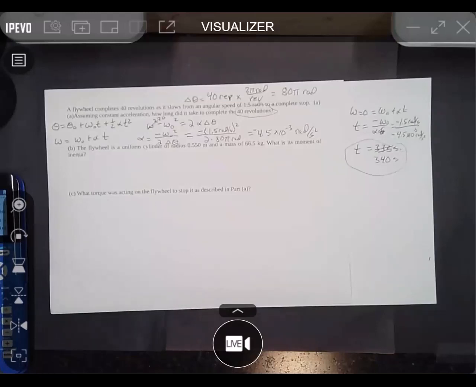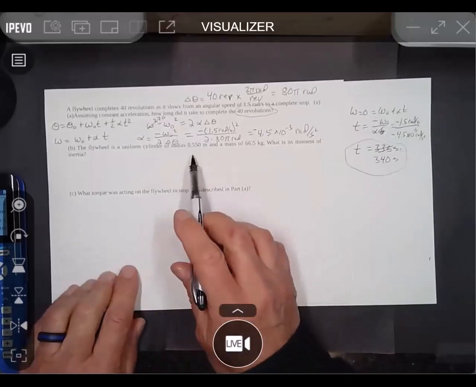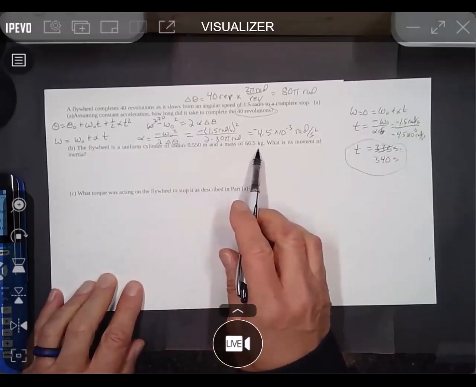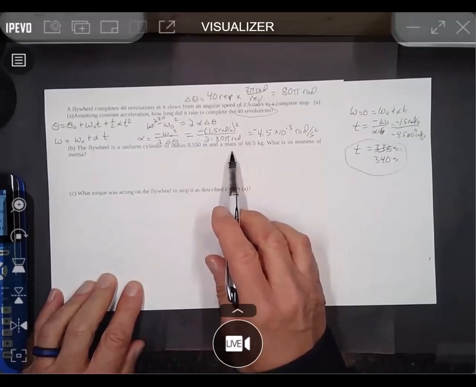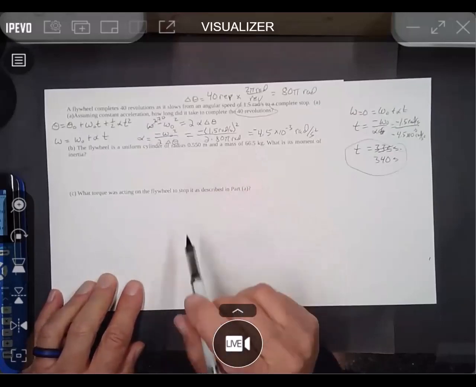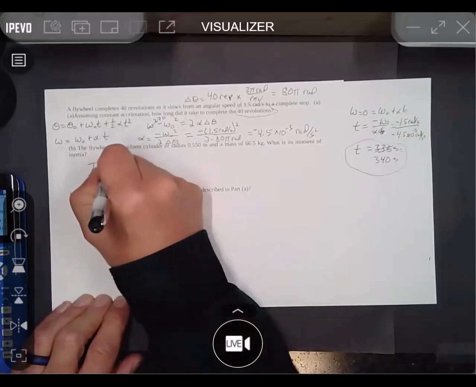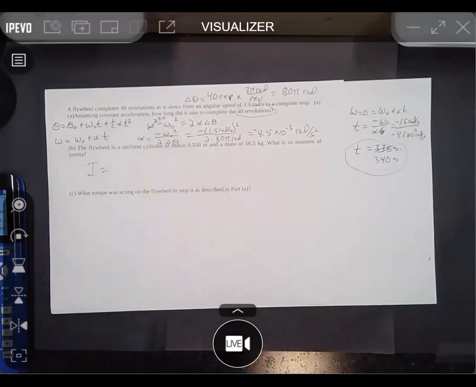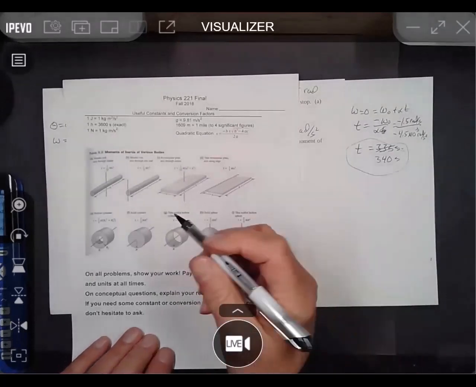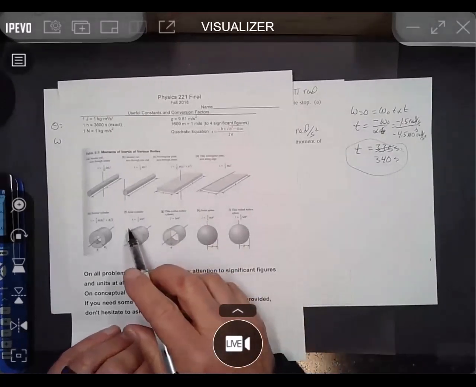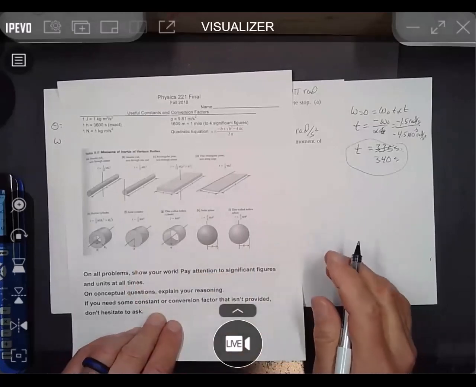The flywheel is a uniform cylinder of radius 0.550 meters and a mass of 66.5 kilograms. So this thing's pretty hefty. What is its moment of inertia? Okay, we'll have to calculate that. All we've dealt with so far is solid, uniform cylinders, so it's I equals 1/2 m r squared.